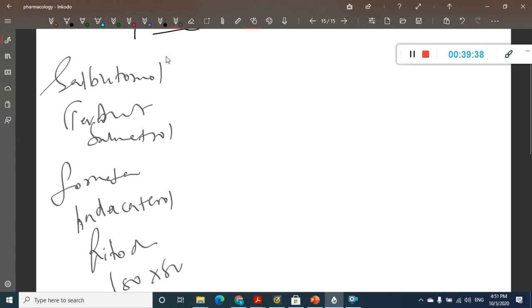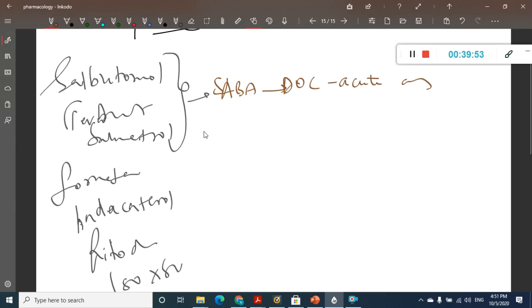If you see, salbutamol and terbutaline are short acting beta 2 agonists, and they are used as the drug of choice in acute attack of asthma.